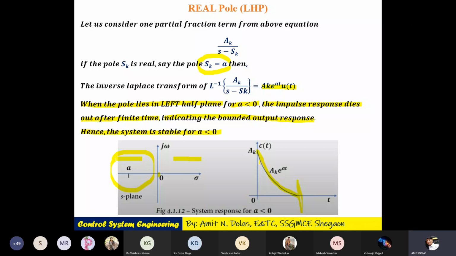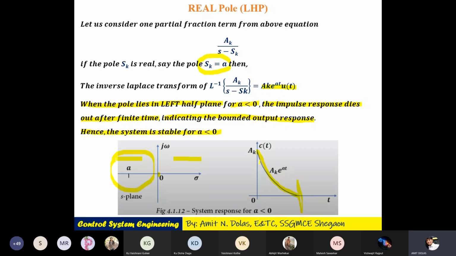Whatever equation we have, it is absolutely integrable because we can find the area. The area is also bounded. There is a finite area here, and the output is also bounded. The output is not going towards infinity, and the area is also not infinity; both are bounded. That's why the system is absolutely stable here.